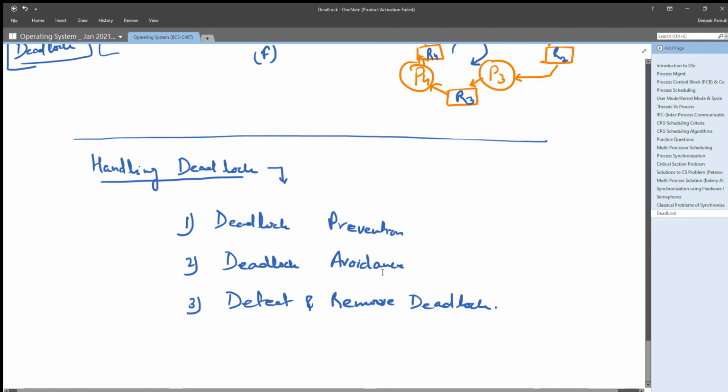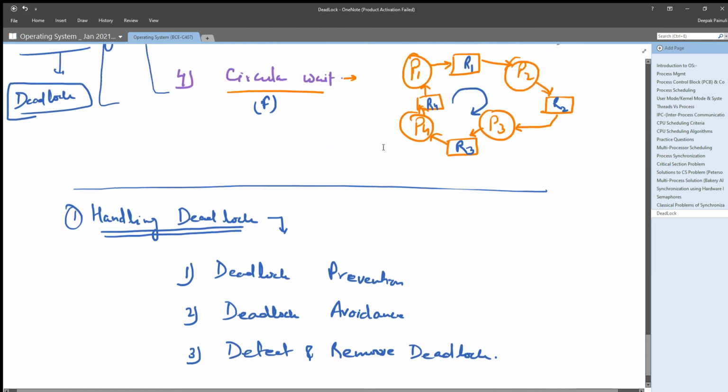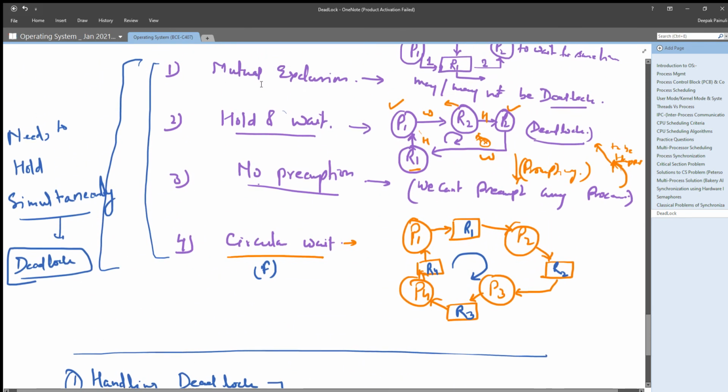And in avoidance, the second deadlock handling technique, we will avoid deadlock from happening. In prevention, we were simply making any one of these four requirements false.